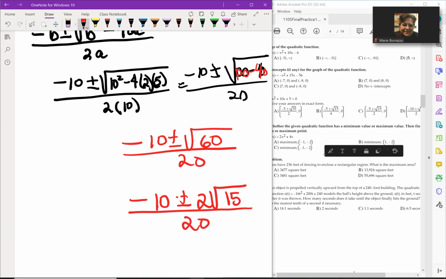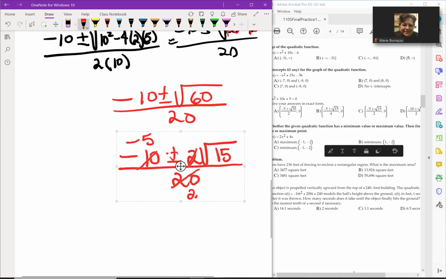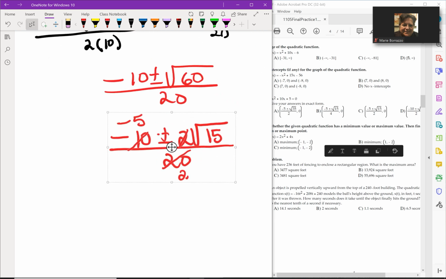So if we reduce all of these by 2, this will cancel with this, and this will reduce to negative 5. This will give us a 2. All right, so I'm thinking that this solution should be negative 5 plus or minus the square root of 15 over 2.